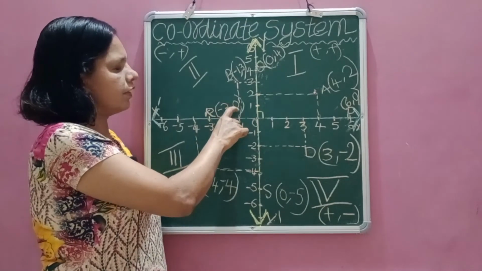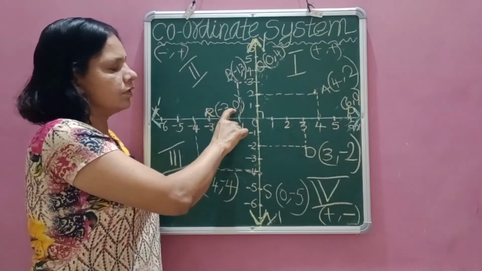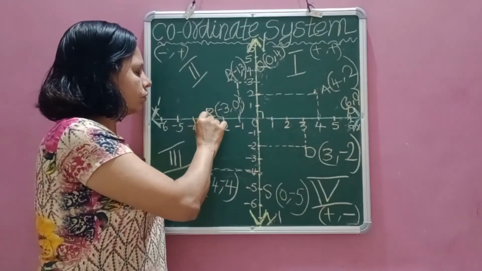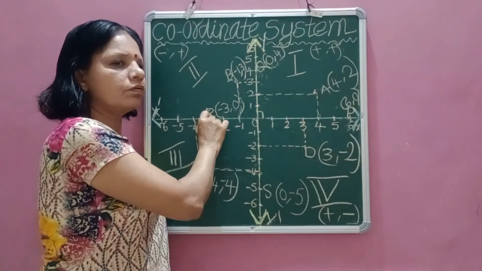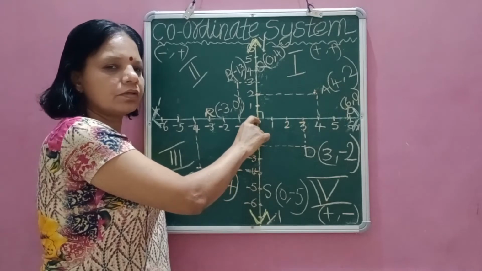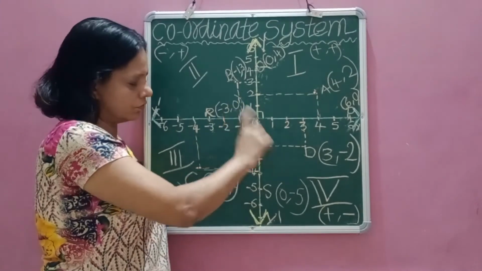Now see the y-coordinate, it is 0. How are you getting this? From this point, you have to draw a perpendicular to y-axis. Where it ends, that will be the y-coordinate. So this is 0.